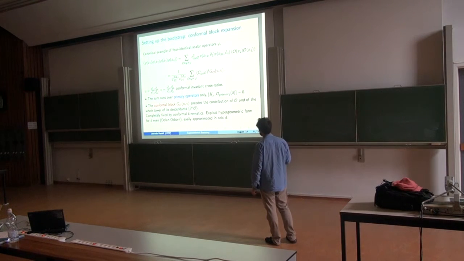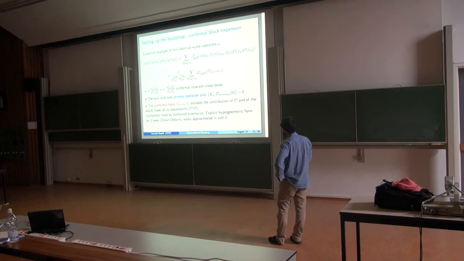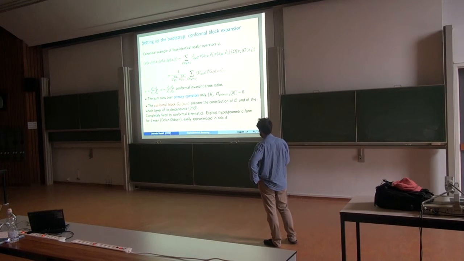In the second line, somewhat schematically, I have performed the action of these differential operators and written the contribution to this double OPE of the entire conformal family built on operator O into this abstract function G of U and V, which is the so-called conformal block, which by definition is just what I just said.